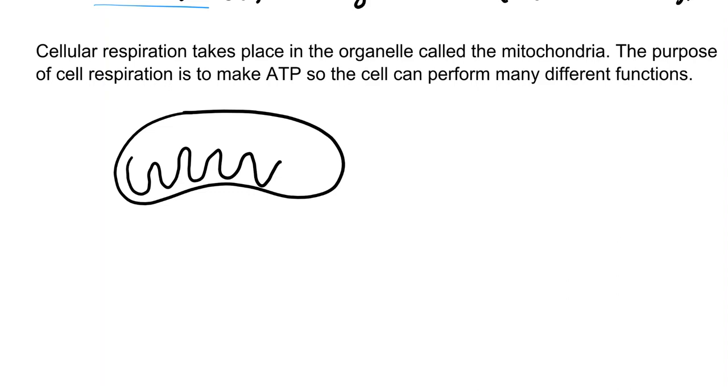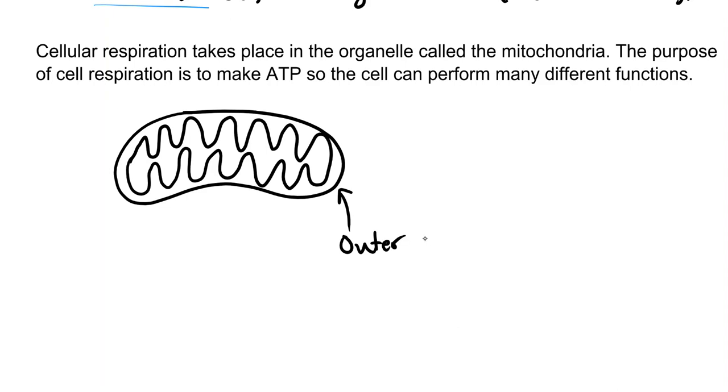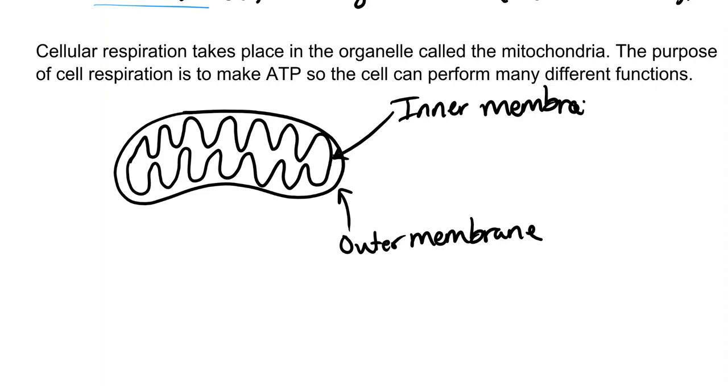And it's wavy because of something that we learned about last time. It's wavy because this inner membrane is trying to increase its surface area to volume ratio. So we've got an outer membrane and we've got an inner membrane. And the chemical reactions take place at these membranes and also in between, in the intermembrane space.